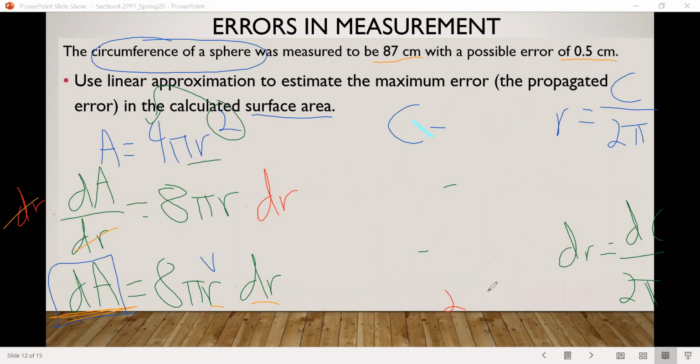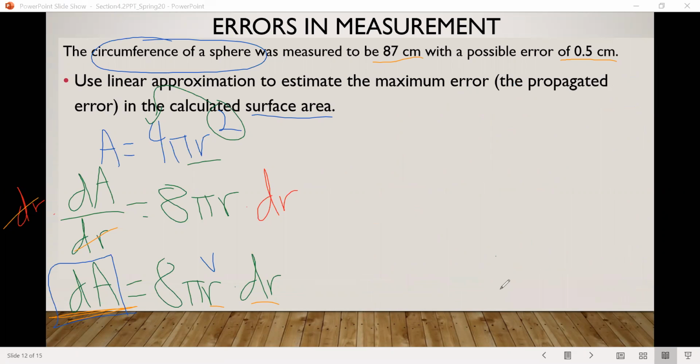So using the circumference formula, we have now determined that r is equal to C over 2 pi, and dr is equal to dC over 2 pi.